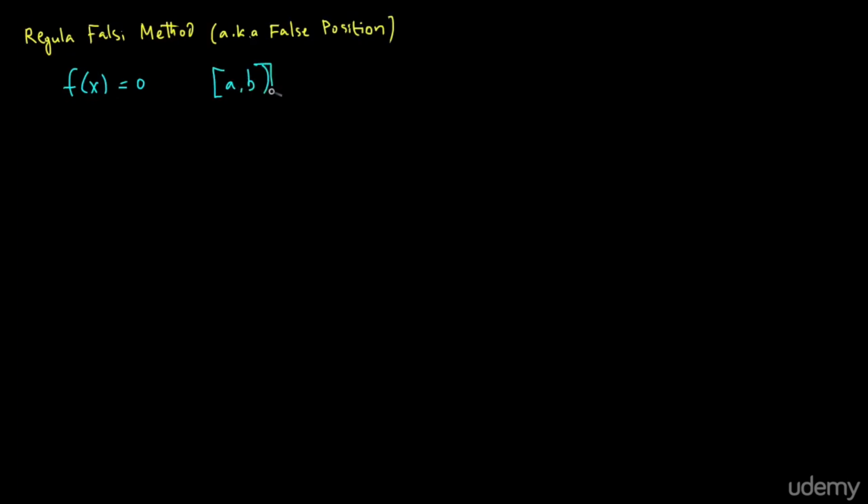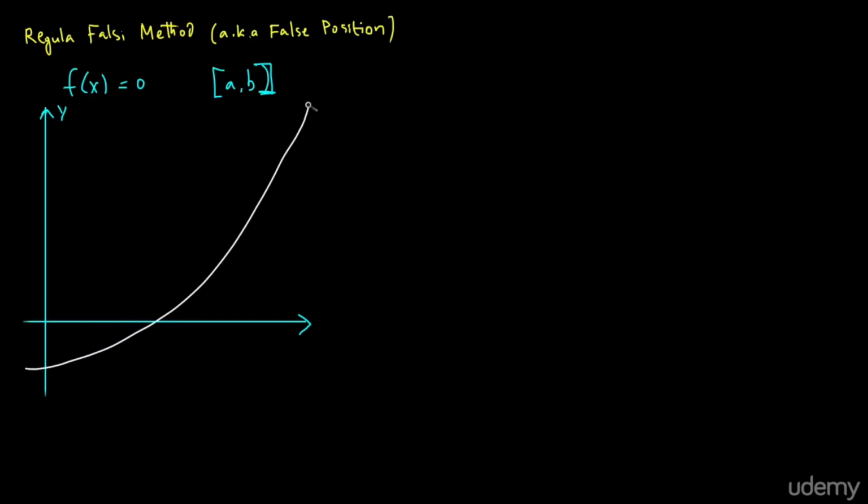So let's once again do a drawing and see what we get. Let's have the y-axis here, and the x-axis going like this, and let's assume that the function we're interested in goes something like this.